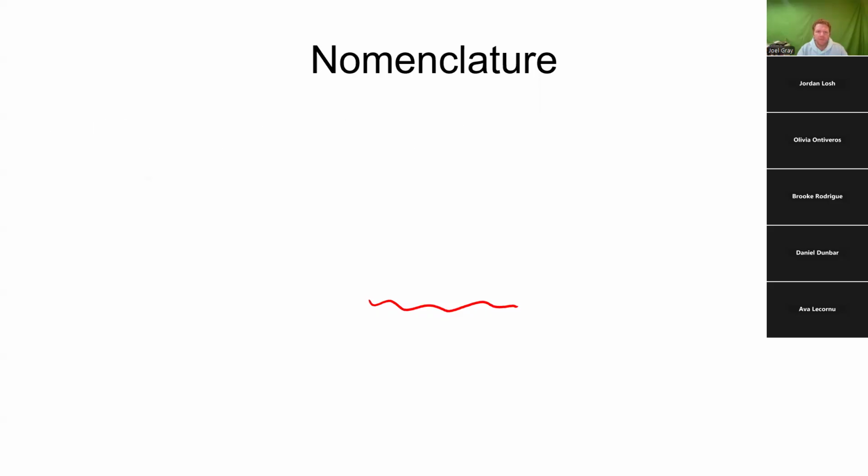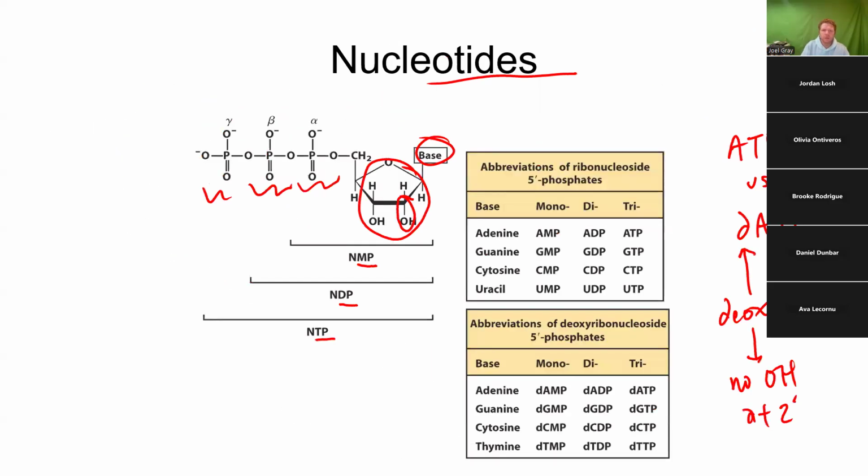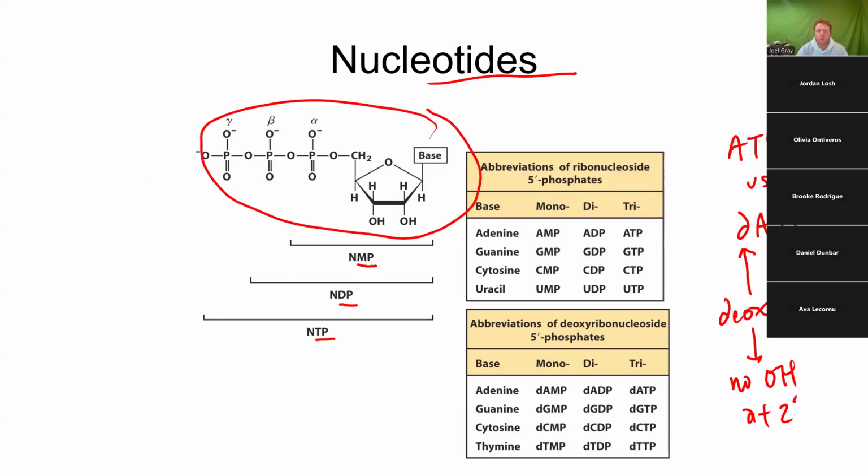Now, if I jump back for a second, could anyone tell me how would you refer to this molecule right here when it comes to a nucleotide? Is it thinking about the numbering of the carbons in that atom, or the numbering of the carbons within that ring?